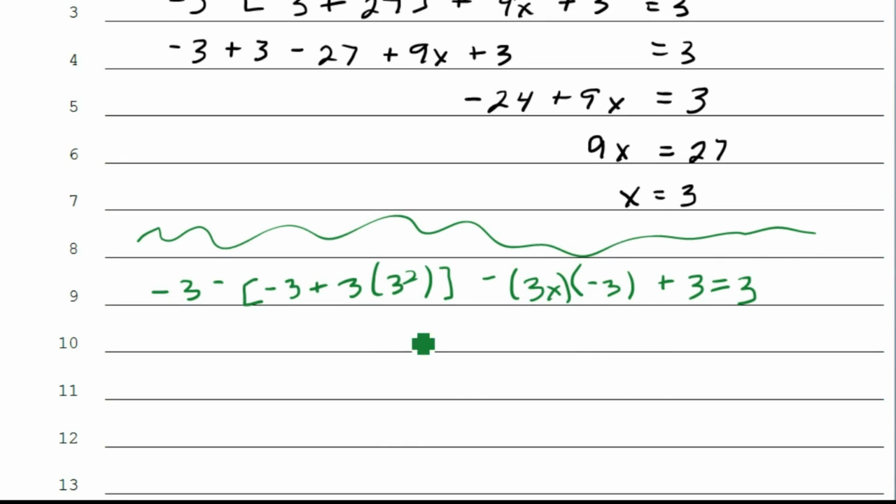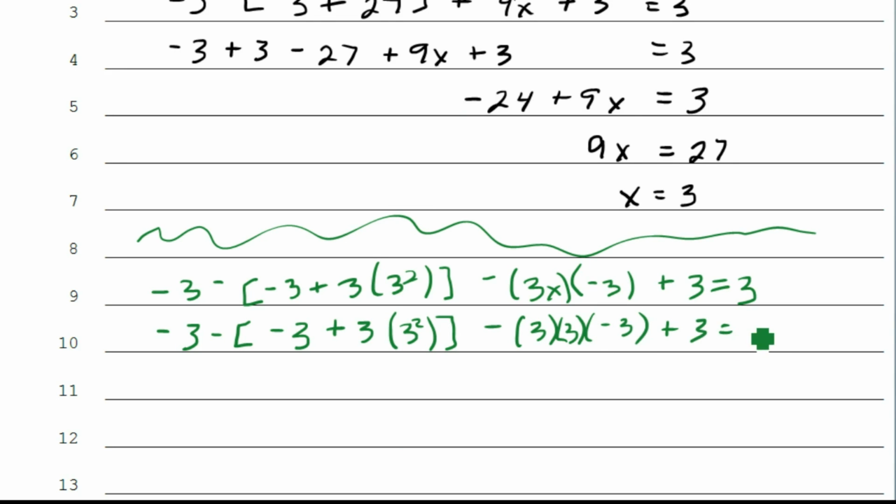And there's only one x in the whole thing. And replace that x with 3. Get minus 3 minus 3 plus 3 times 3 squared minus 3 times 3 times minus 3 plus 3 equals 3.